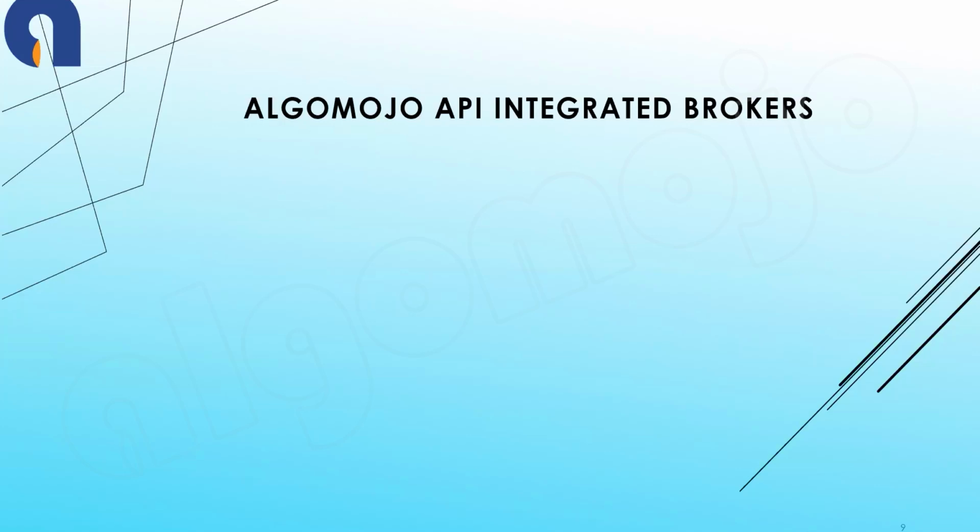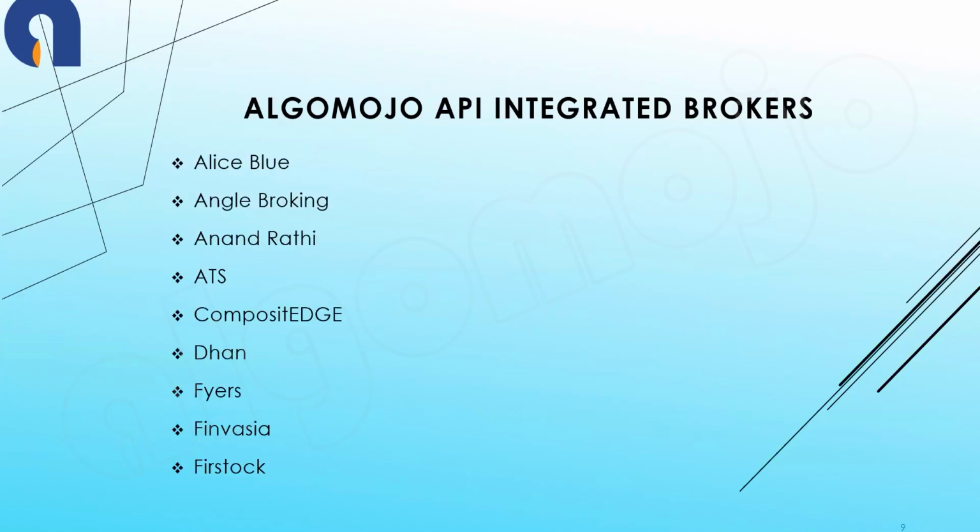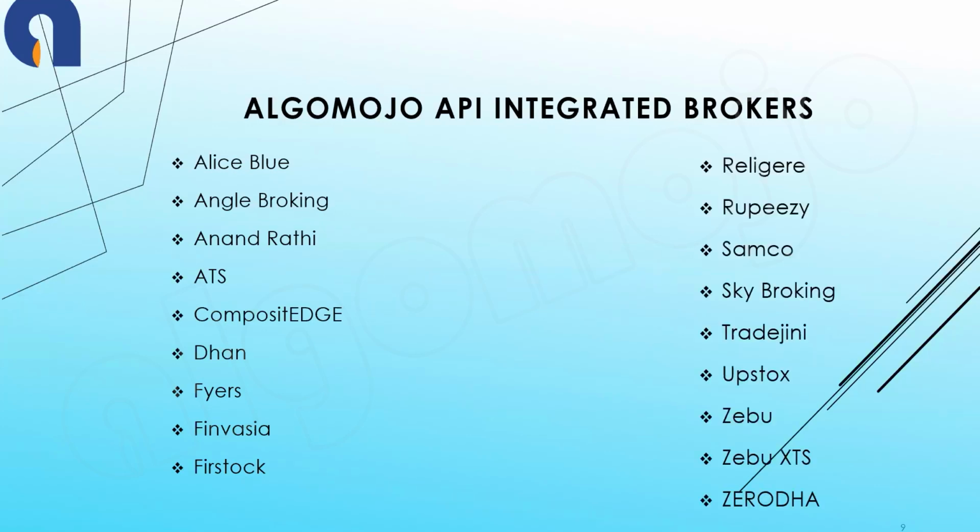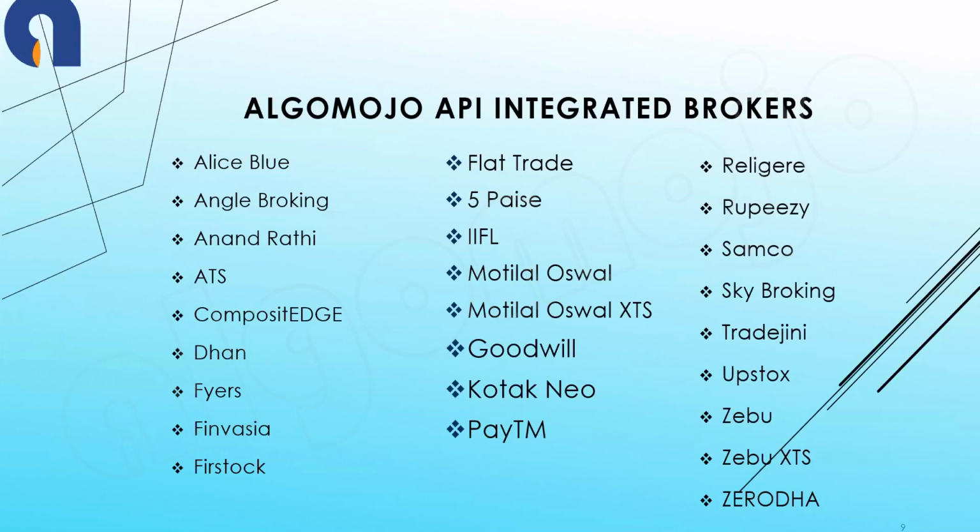Yeah, some of the integrated brokers are Alice Blue, Angel. Major brokers integration is already done. These are the brokers, including Zerodha, Upstox, Dhan, Kotak, IIFL, Motilal. All the major brokers have been integrated, and work is in progress to integrate more brokers. We'll keep updating this list.